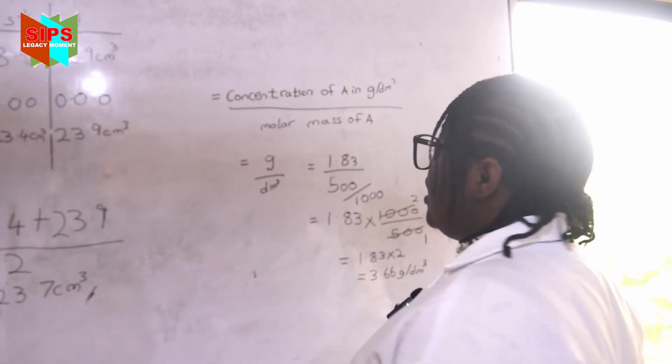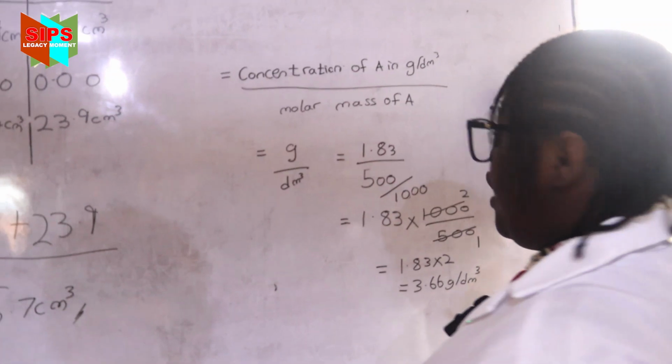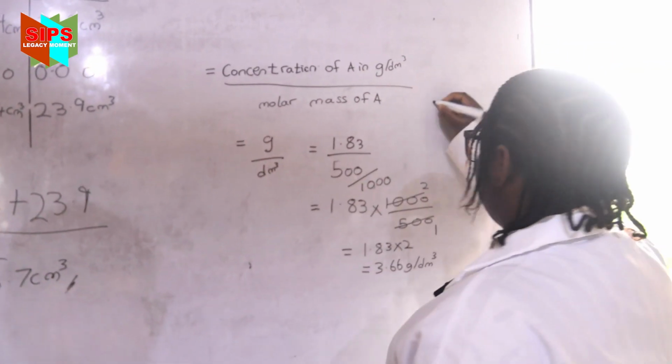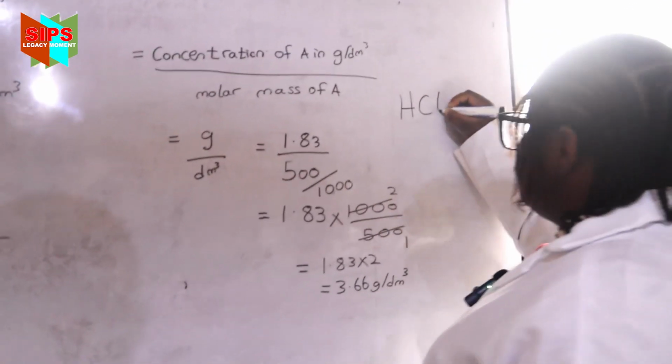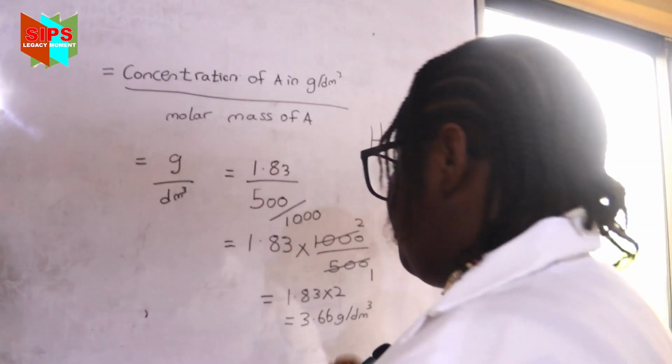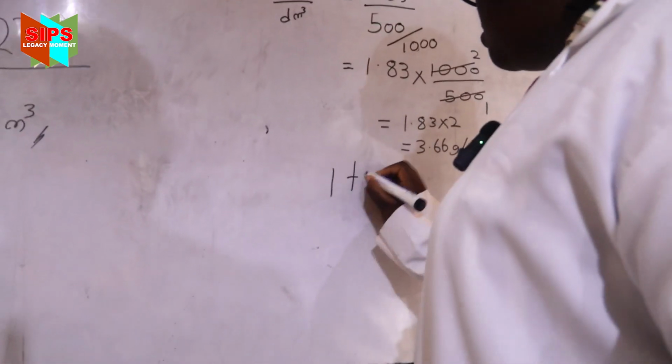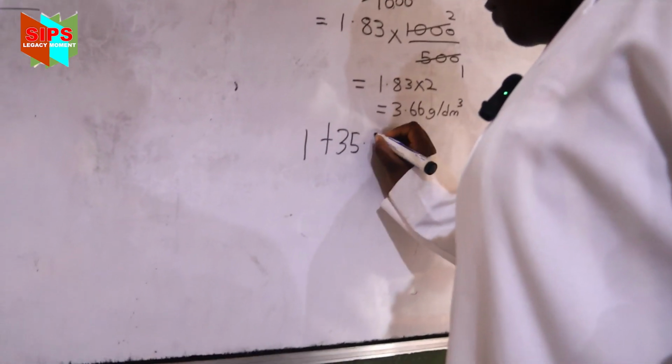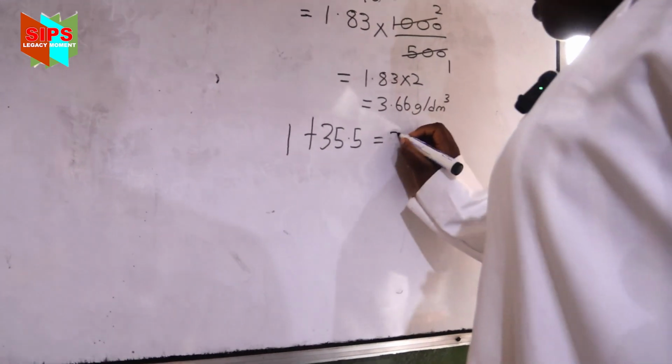Next is to find our molar mass of A. The acid we are using is HCl. We all know that H is equal to 1 and Cl is 35.5. So that's 1 plus 35.5, which is equal to 36.5.